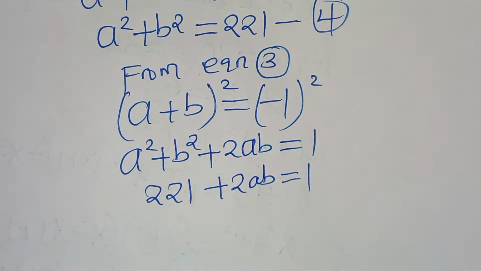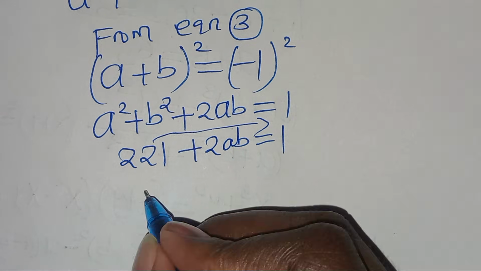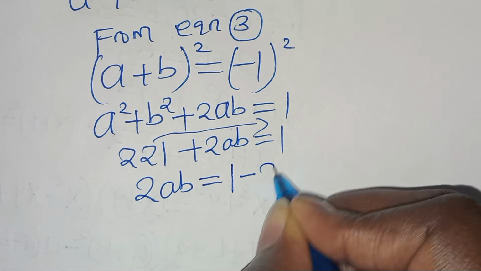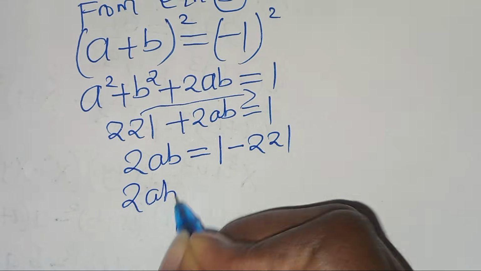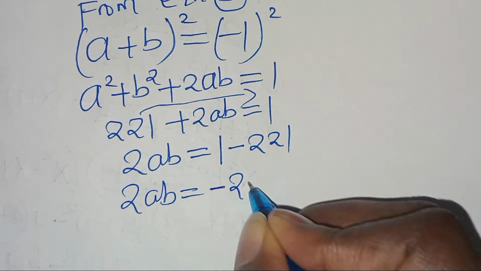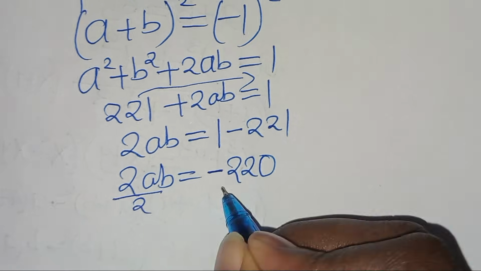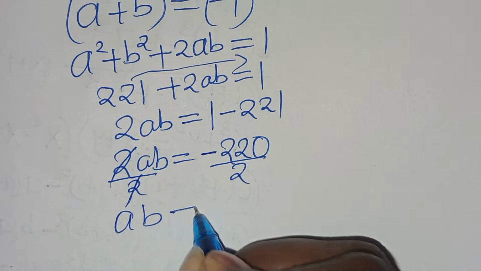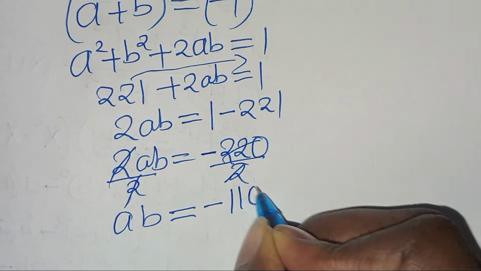This is equal to 1. So let's take 221 on the right hand side so that we have 2ab. This is equal to 1 minus 221. This is minus 220. So let's divide both sides by 2 so that now ab is equal to minus 110.